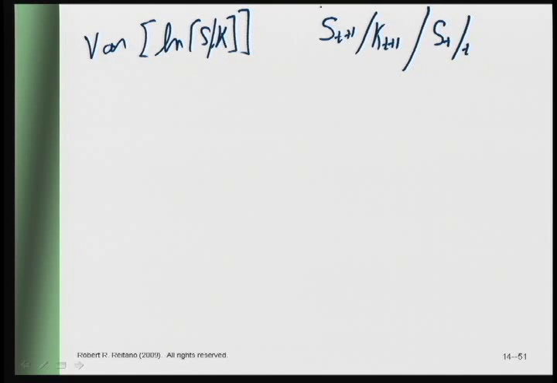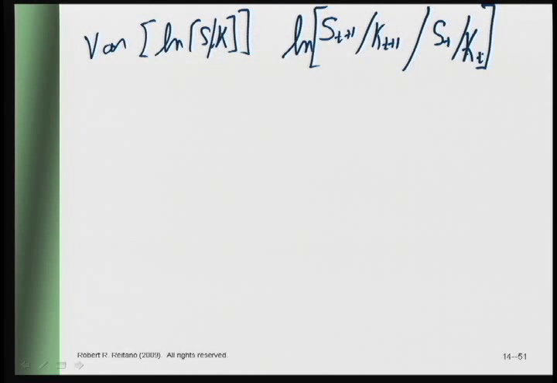And then we take the log. Right, it's the log ratio. So we're looking at the ratio of S divided by K.